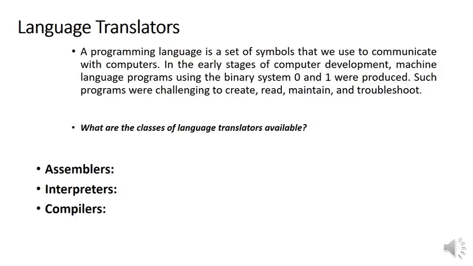So that takes us to the classes of those translators: assembler, interpreter, and compiler. We dealt with this in our CS 101, and I don't think I should be repeating myself, but for the sake of understanding, I can go over it again.